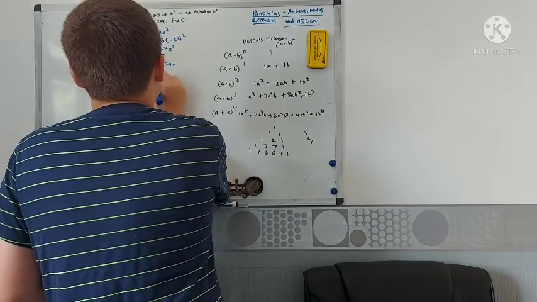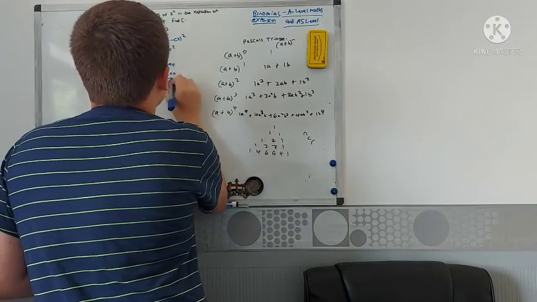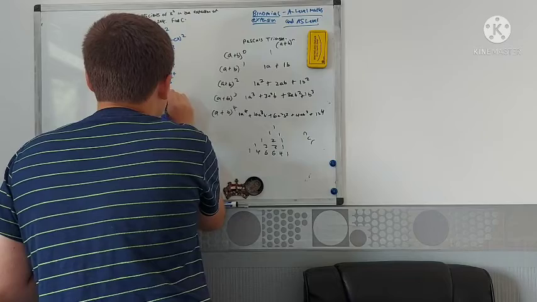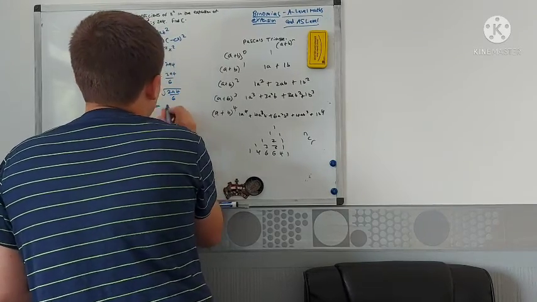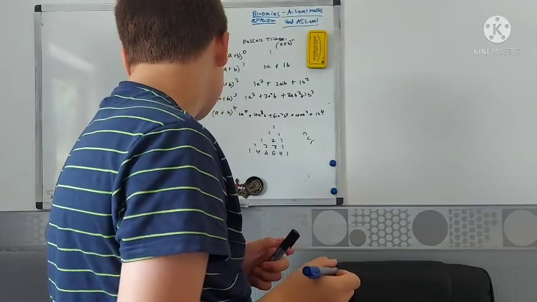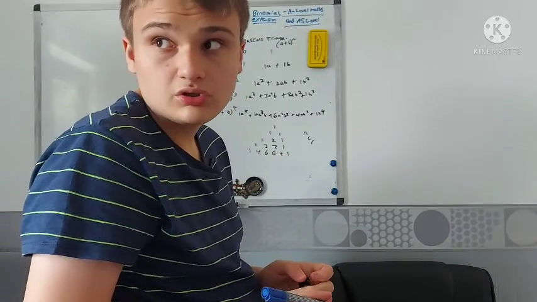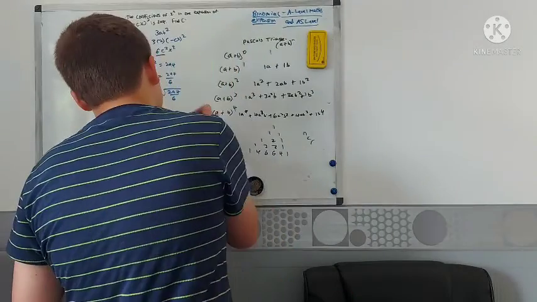So the c squared will be 294 divided by 6, which means that c is equal to the square root of 294 over 6. Now, calculator, I got c is equal to 7. Make sure that you get plus or minus 7 as well.